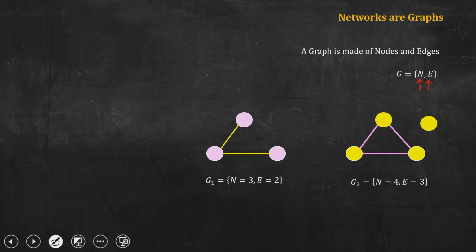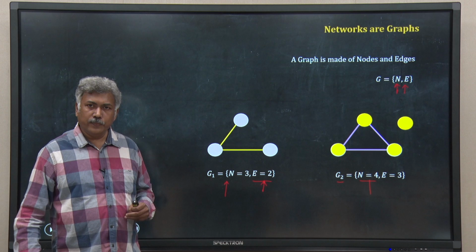For example, if you see here in this first graph, graph 1, I have 3 nodes and they are connected by 2 edges. Whereas in the second one, graph 2, I have 4 nodes and 3 edges.